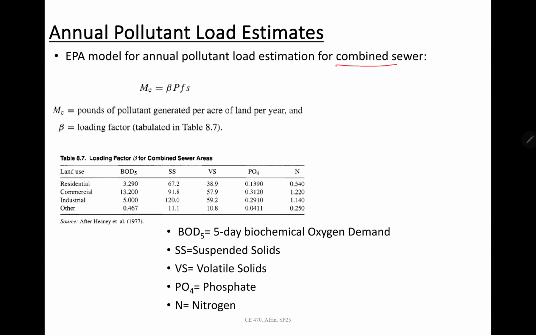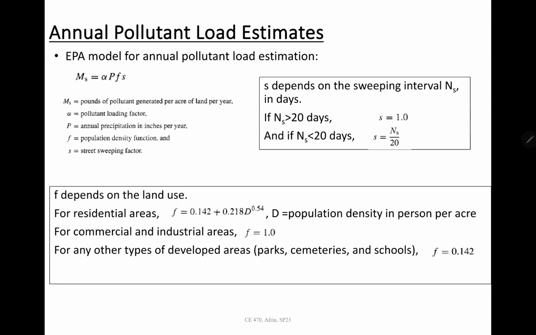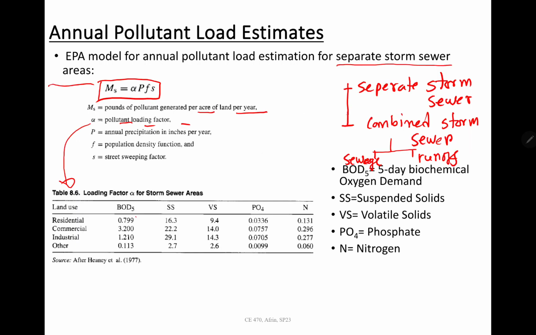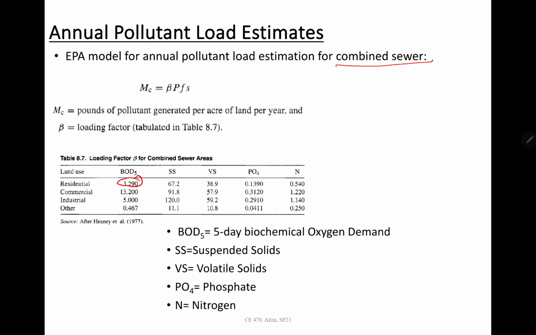Okay, and for combined sewer, it's kind of the same factor, but just notice one thing. For residential BOD5 it's 3.29, and here it's 0.799. So you can tell that for the combined sewer, obviously the pollutant load will be higher than for the separate storm sewer.